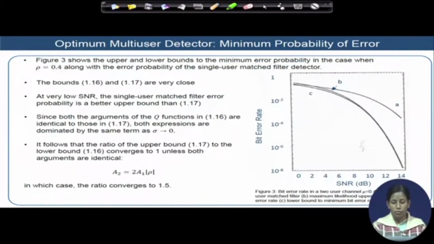So the final conclusion should be that if you are working in a noise dominating zone, you should go back to the single user matched filter based architecture rather than the joint optimal decision strategy that we have discussed for optimum multi-user detection.